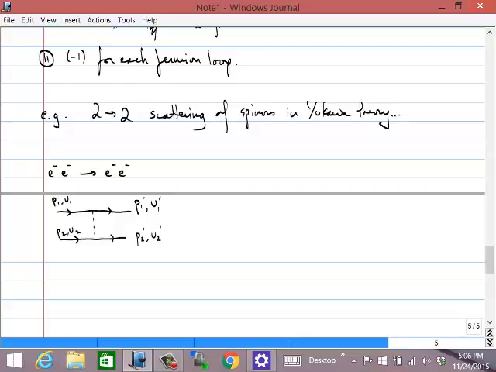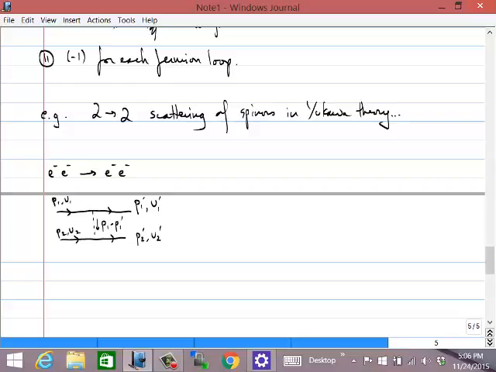By momentum conservation, the scalar that we exchange will have a momentum which is P1 minus P1 prime, so this would be one contribution to this process.